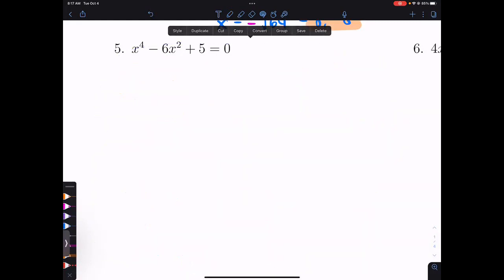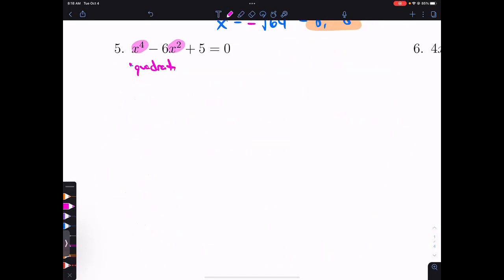You could also, once you recognize this sort of quadratic form, that the leading term x to the 4th is twice as big as the middle term, x squared. So it's got the same shape as a quadratic, but the powers are wrong. Again, that's what I mean when I say quadratic form. It's kind of the same shape. There's just an adjustment that needs to happen.